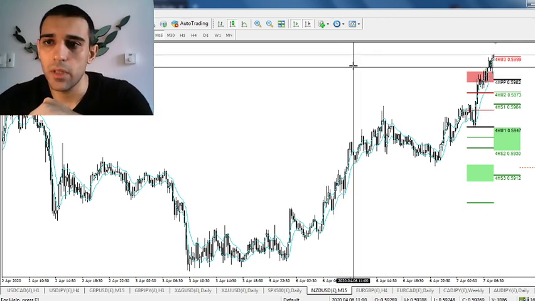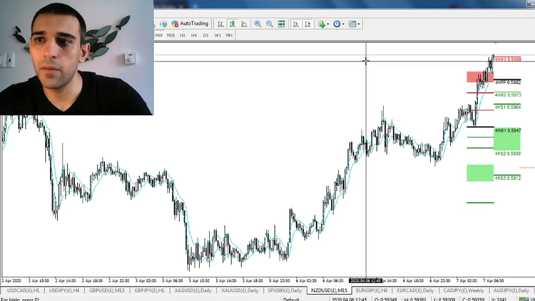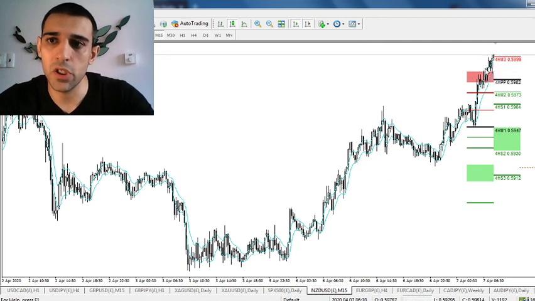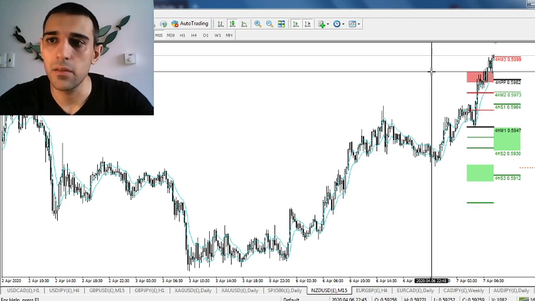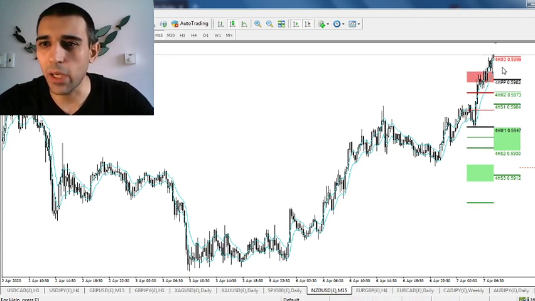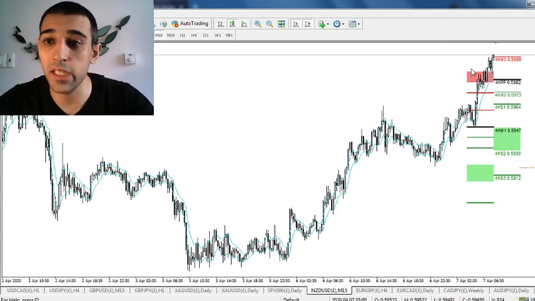So for now, that's a good area if the price gives a chance and retraces down to 59.80, 59.88. The price might gravitate towards this 4-hourly pivot, but it's only 5 or 6 pips away.